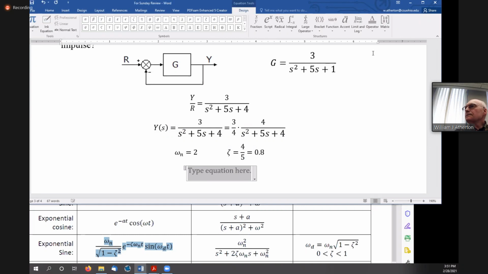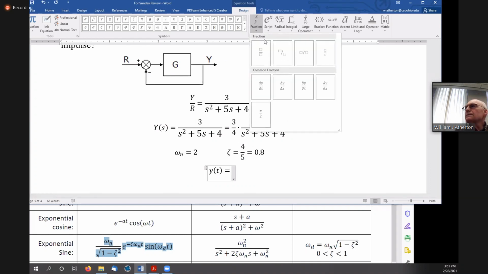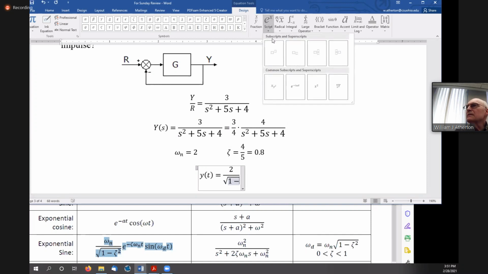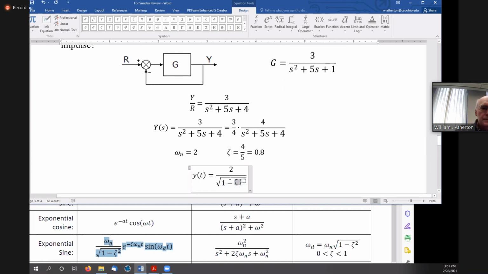So y of t is equal to omega sub n, which is 2, divided by square root of 1 minus 0.8 squared, times e to the minus zeta omega n.